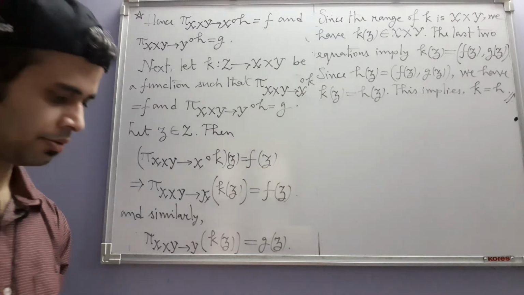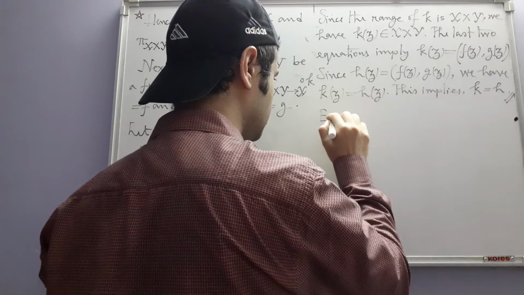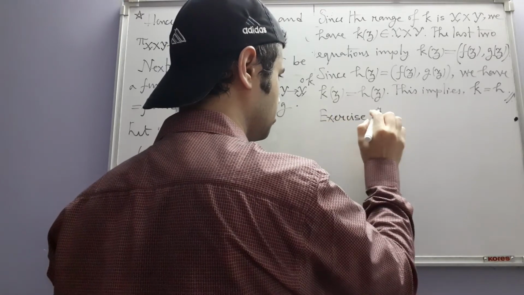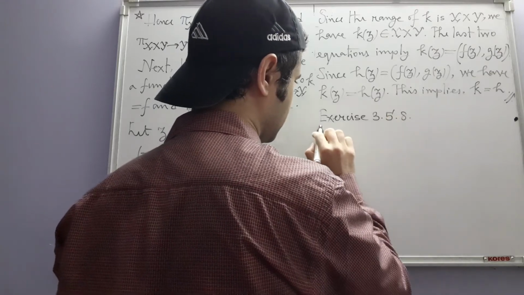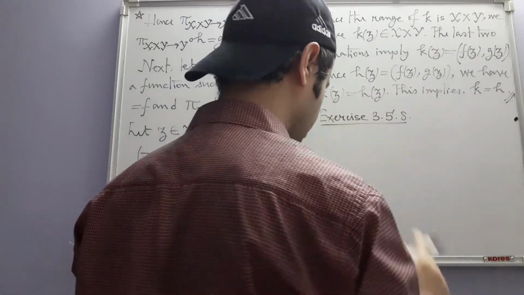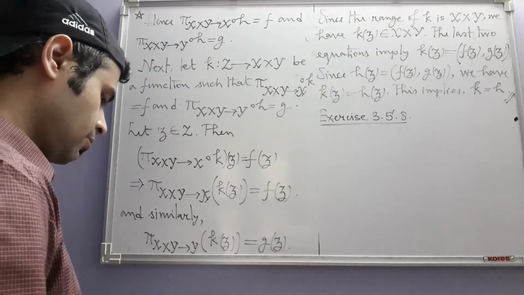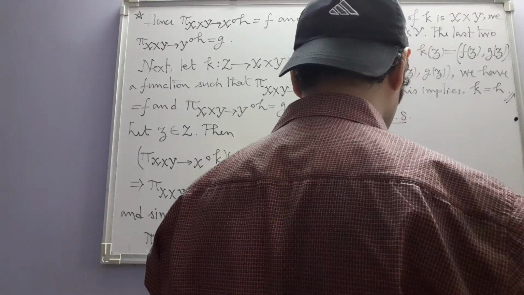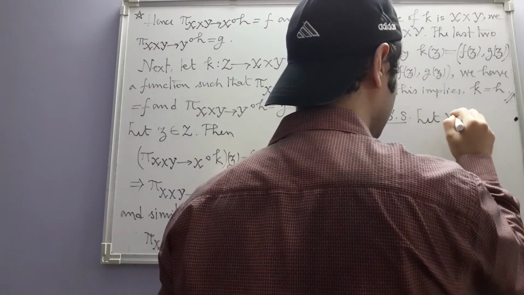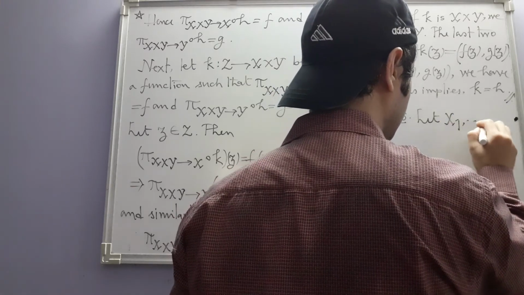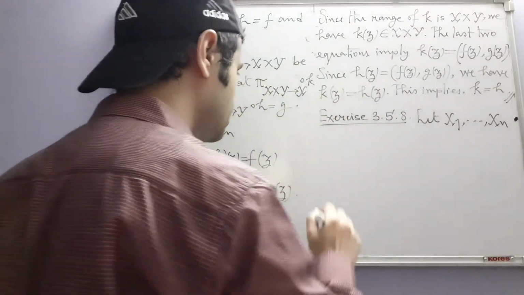Okay, then we move on to the next one. Again we come back to sets, and this is not that difficult. Anyway, let X1, X2, up to Xn be sets.